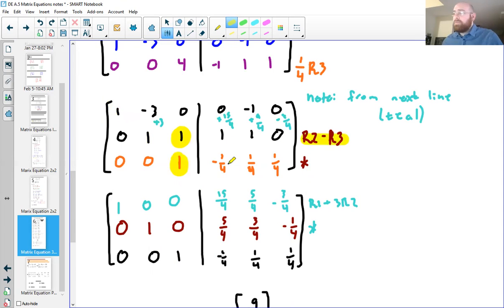It did take some fraction algebra to combine like terms, but those are skills that we've practiced. We might not love them because there's more numbers to keep track of, but it does still work and get us to where we need to go.